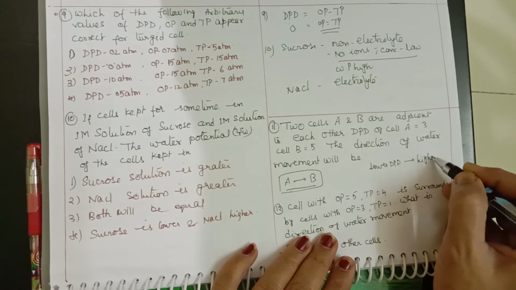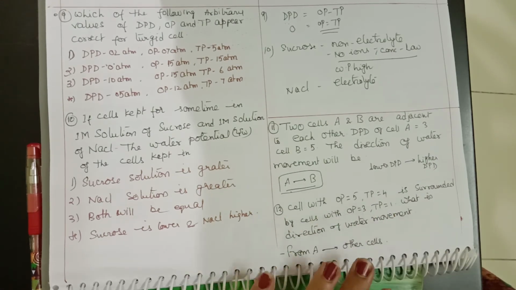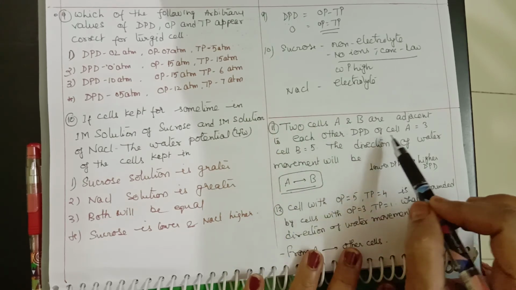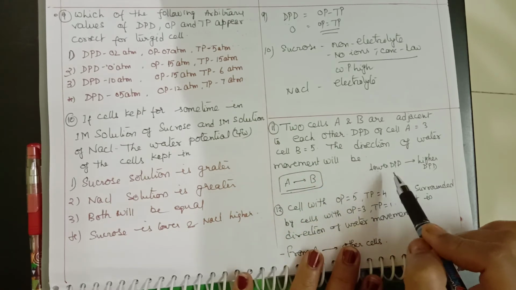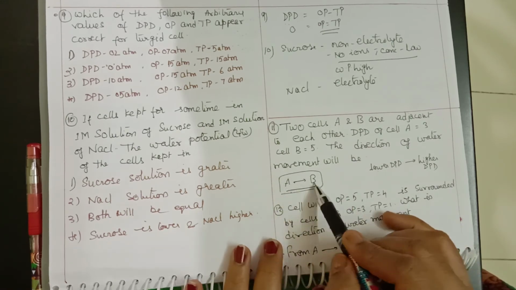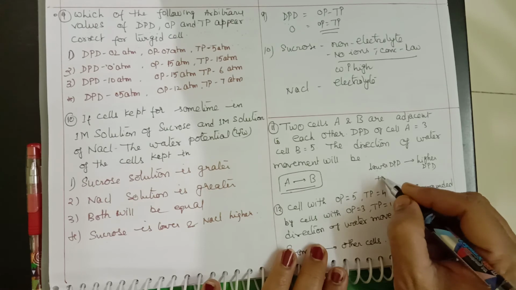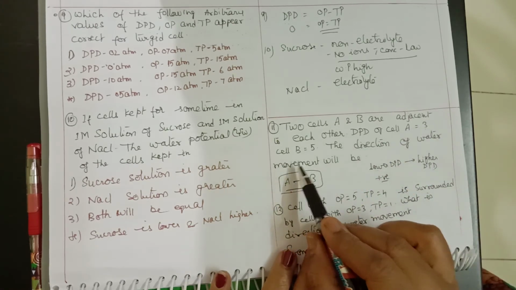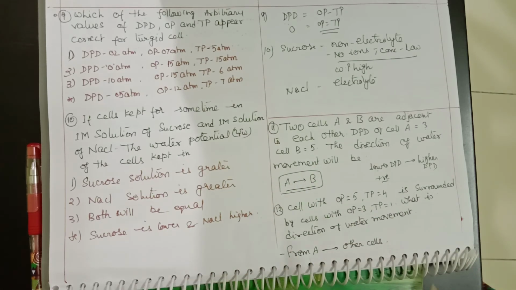You must refer to my previous videos where I explained DPD in much detail. So here water will move from lower DPD to higher DPD. One more point you have to remember: DPD is always a positive value. So A has lower DPD, B has higher DPD, and water will move from A to B.